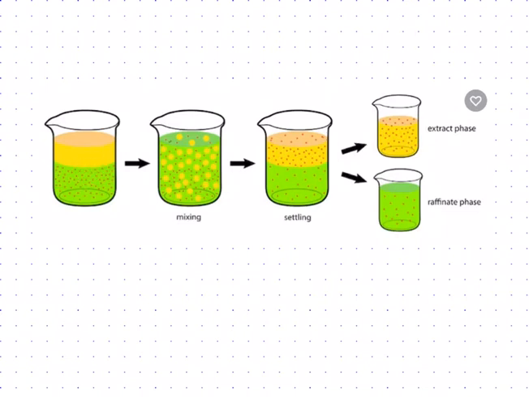After you mix both solutions, you let them settle for a while, and then you can see you have two products already. Here is your solvent, which had no solute inside before.